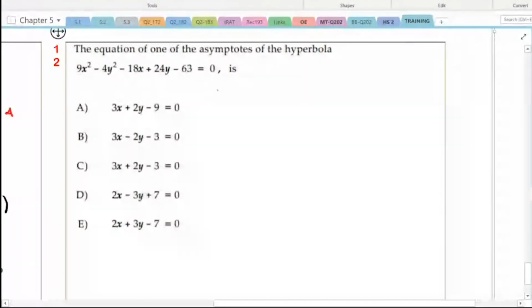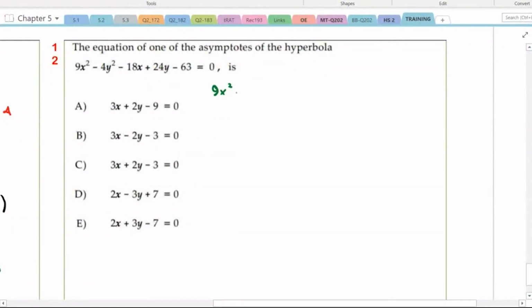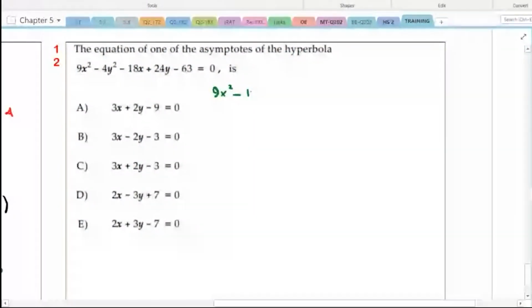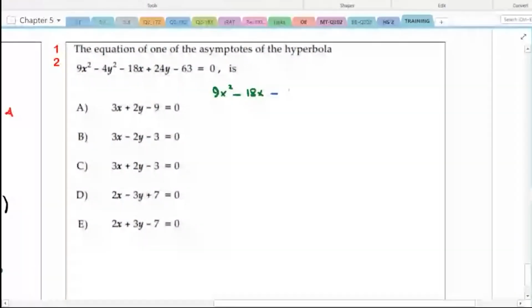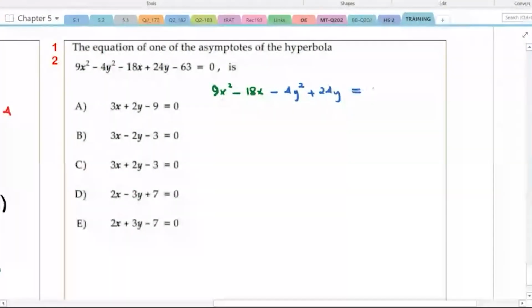Here we have 9x squared minus 18x. Then for the y, we say minus 4y squared plus 24y. And gentlemen, this will be equal to 63.